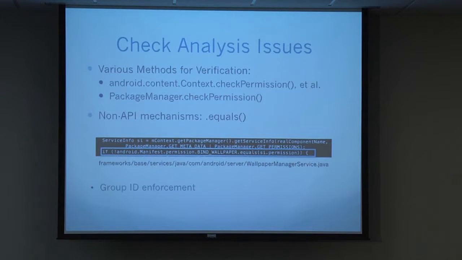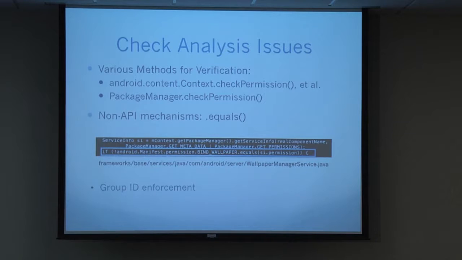Relating to this check analysis issue, say you're doing static analysis to attempt to generate this map. Well, first of all, you have to get a grip on all the API methods, such as those in the context class, and that provided by the package manager. So there's a few there that you need to worry about. But then you also have to worry about these edge cases. Basically, as I told you before, permissions are just strings in Java.